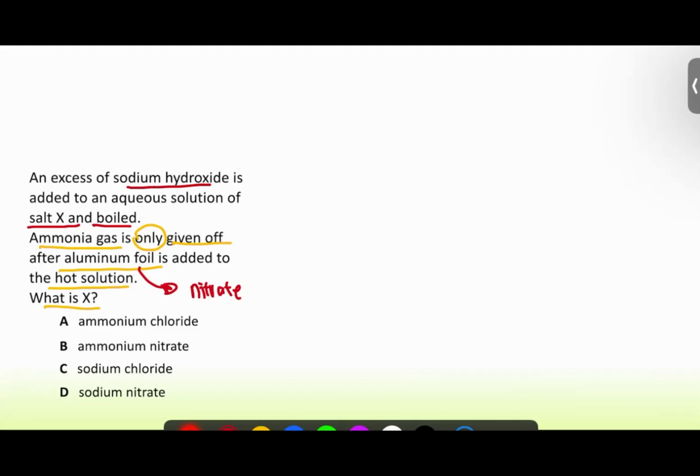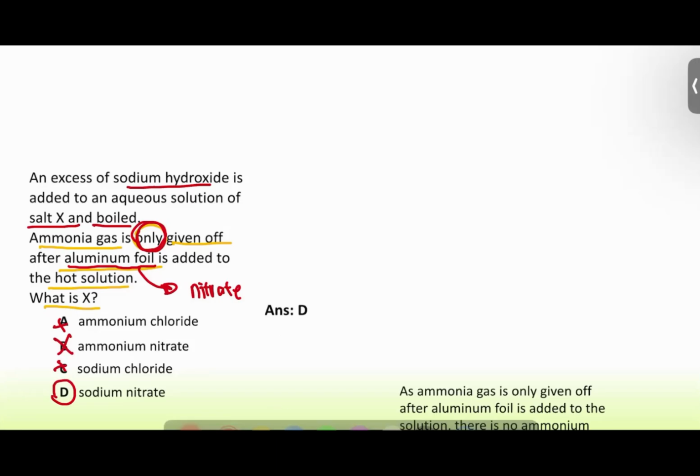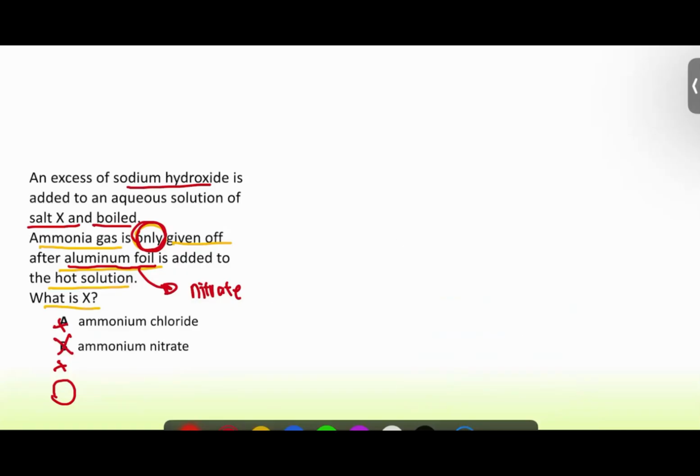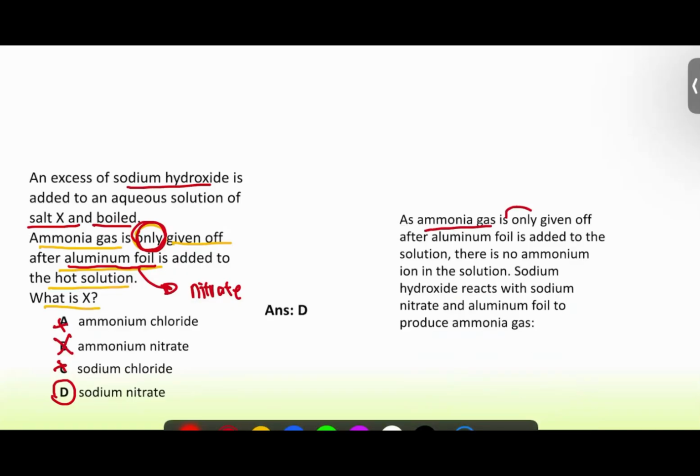So of all these options, A and C are out. And also ammonia gas is only given off after aluminium foil is added, so that means there is no ammonium. So the answer we are looking at is sodium nitrate. Sodium hydroxide reacts with sodium nitrate and aluminium foil to produce the ammonia gas.